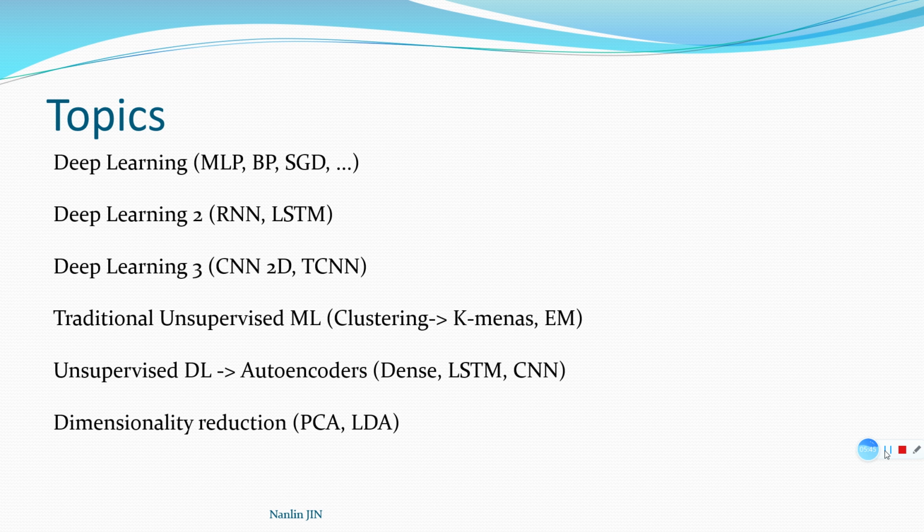We will also learn unsupervised learning, for example, clustering, k-means, and other techniques on unsupervised learning. Different from supervised learning, in unsupervised learning normally we have data which have no class label. So we don't know what class the data belong to.